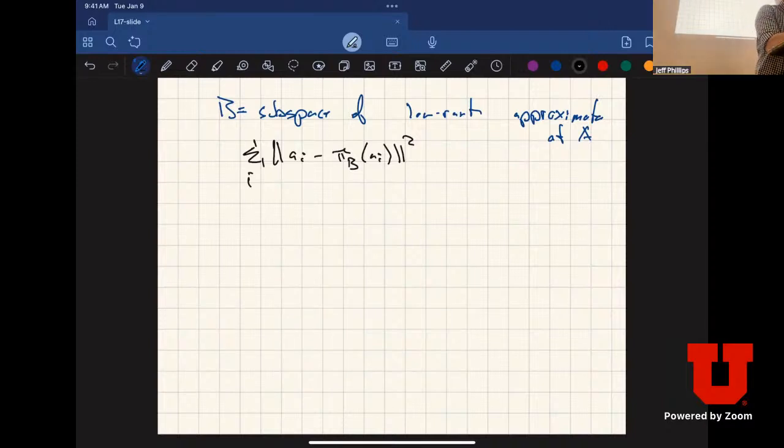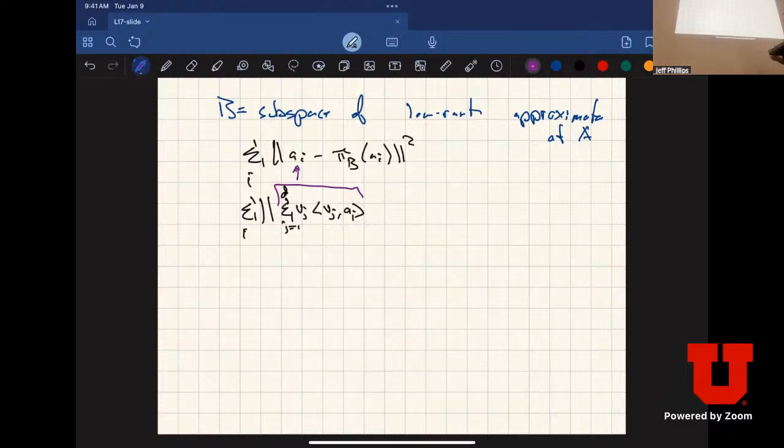Let's look at what this sum means in terms of the basis defined by the right singular vectors. I'm going to rewrite A as a sum, writing it in the basis defined by the right singular vectors. I do this by Vj dot A. If the Vj's are from the basis of the right singular vectors, this is equal to Ai.